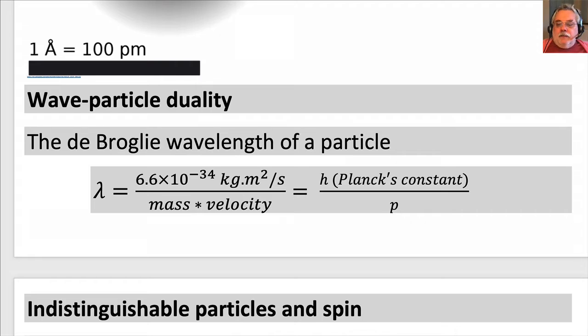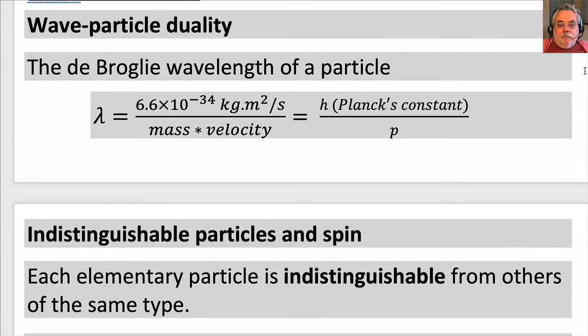We cannot mark them with colors or numbers to tell them apart. They are indistinguishable particles. Likewise, two protons are indistinguishable. Two neutrons are indistinguishable. Each elementary particle is indistinguishable from others of the same type.